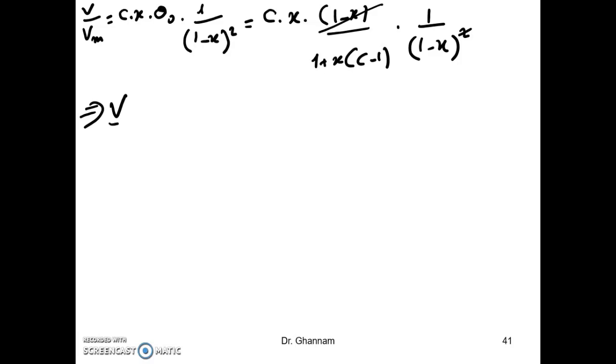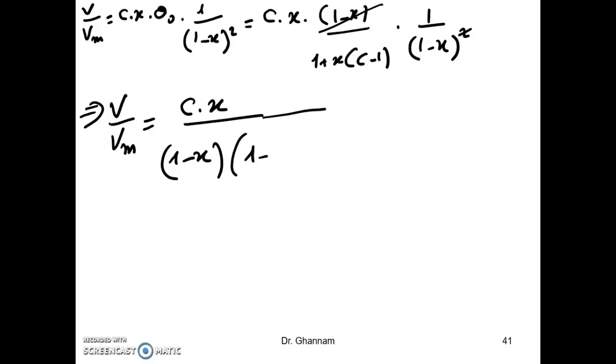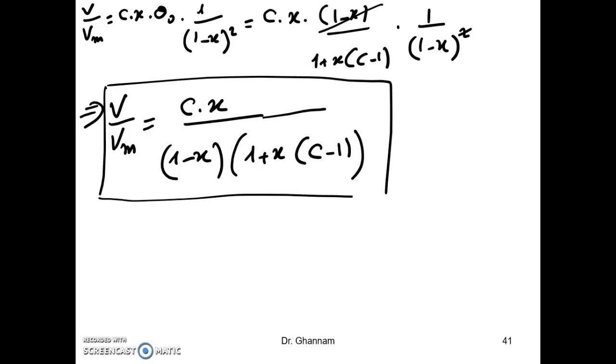So V over Vm, which is my coverage over the surface, equals Cx over (1 minus x)(1 plus x(C minus 1)). This is the formula of V over Vm.